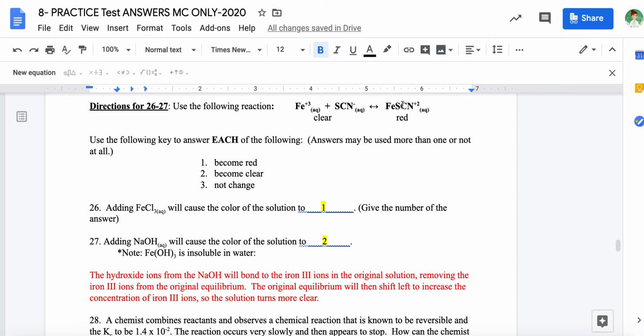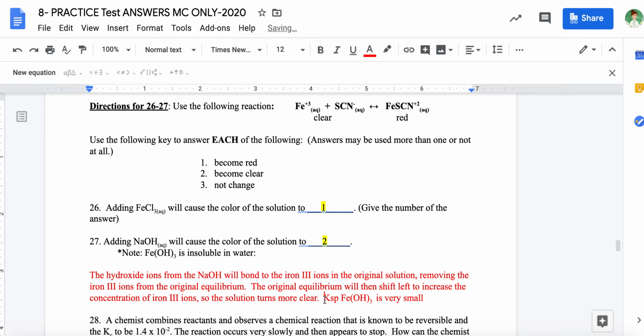So the clue here is I'm telling you that the iron hydroxide is insoluble in water. I could also tell you the KSP of the iron hydroxide is very small.